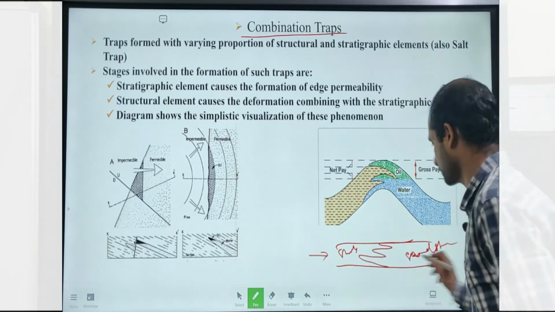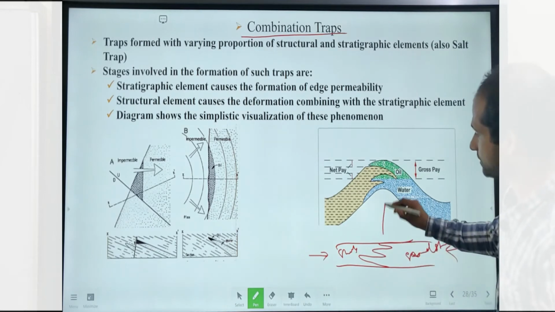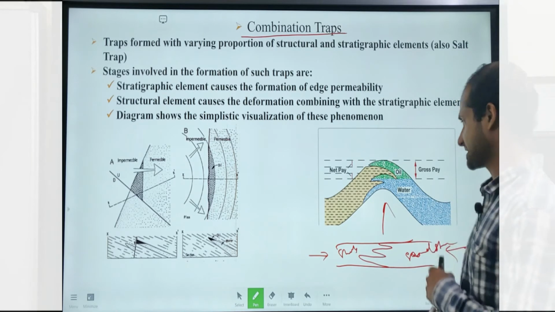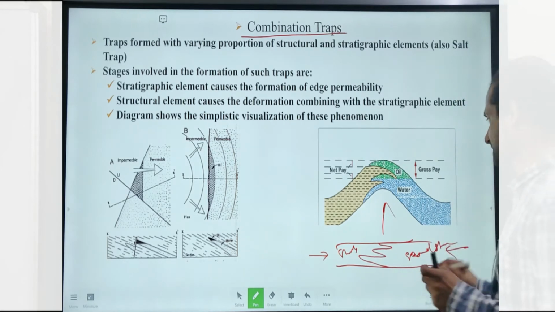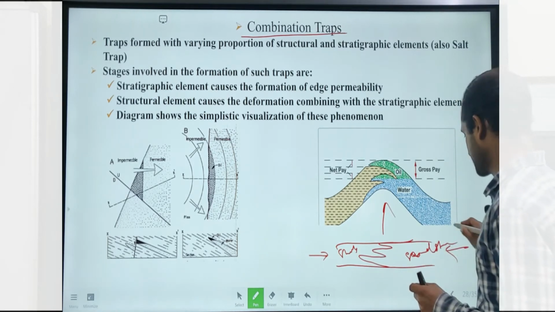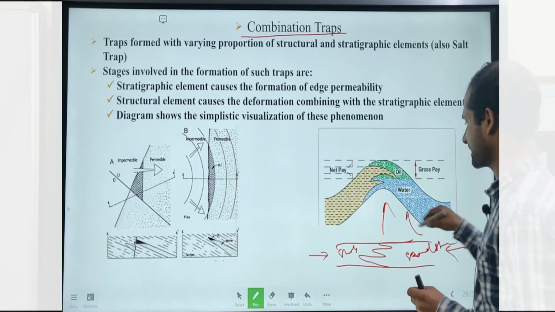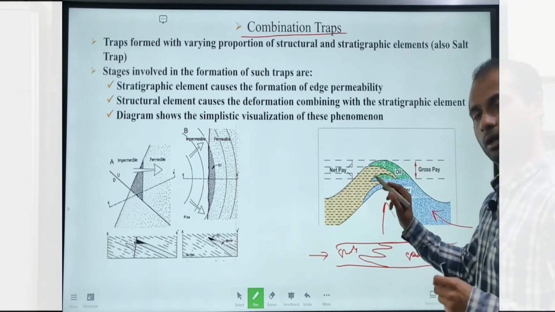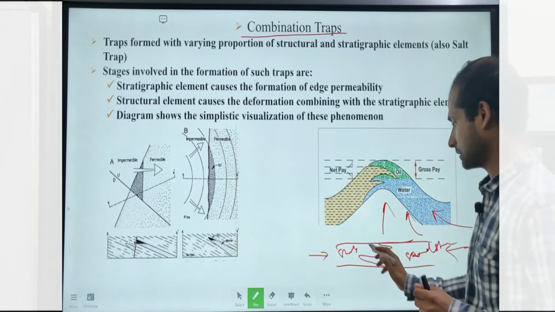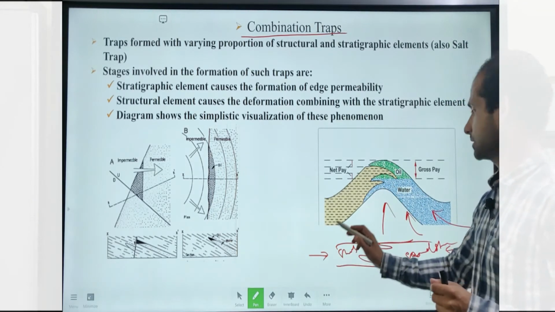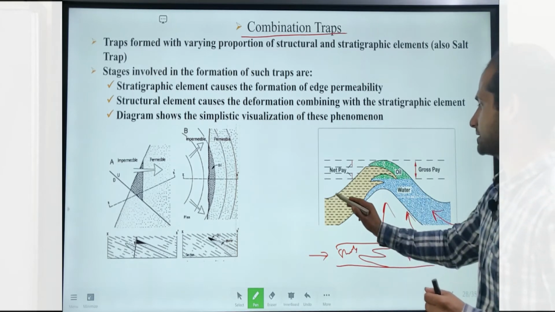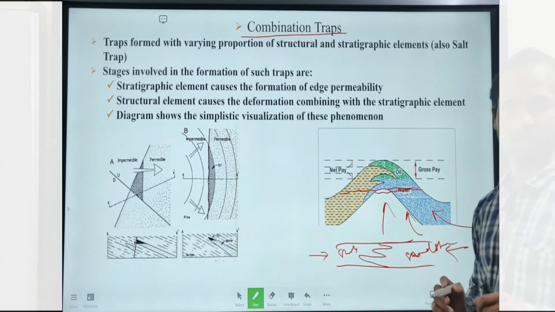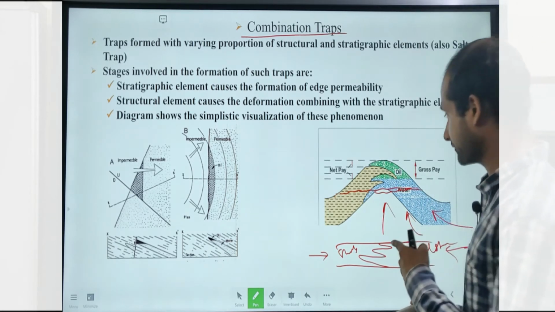By later tectonic activity, it got folded, and after folding, the charging takes place, and charging is from this side probably or from this side probably. So what is happening? If it had been a single facies, then the charging was expected up to here, something like this, the initial figure which we started with.